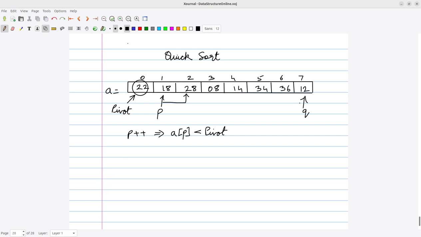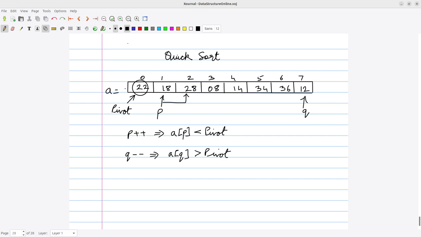Now Q is towards the rightmost, nothing but at the upper bound. So we'll be moving Q one step towards the left. That means we'll do Q minus minus if and only if the element stored at Q is greater than the pivot element. Now the element stored at Q is 12.